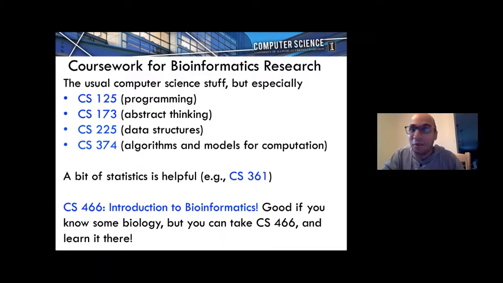So essentially, the prerequisites are CS25 and all its prerequisites, because there's a lot of computer science involved. We're going to be looking at algorithms, developing and studying current algorithms and analyzing them. So you need to be able to understand mathematical proofs and also be able to formulate and prove theorems and lemmas. That's part of it.